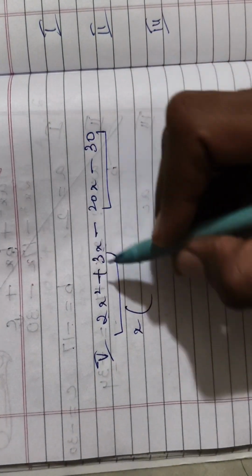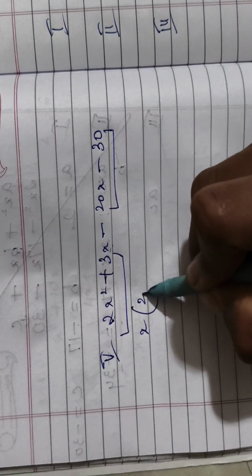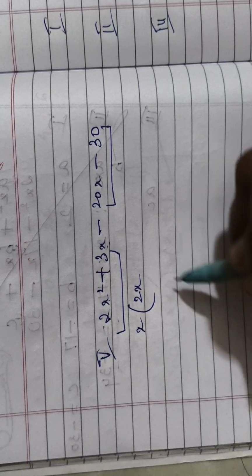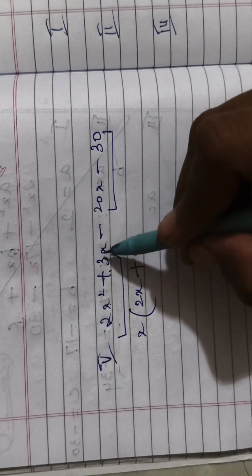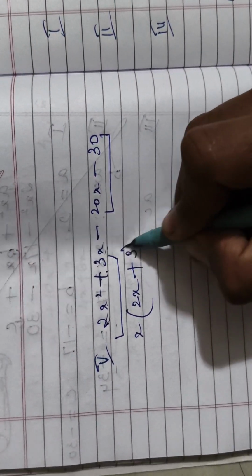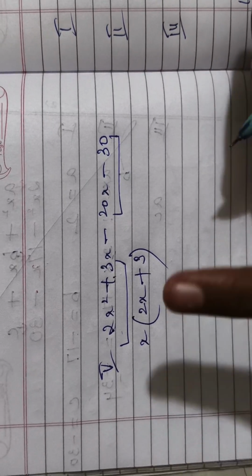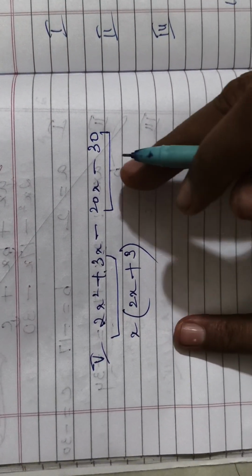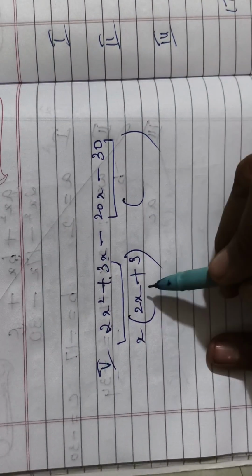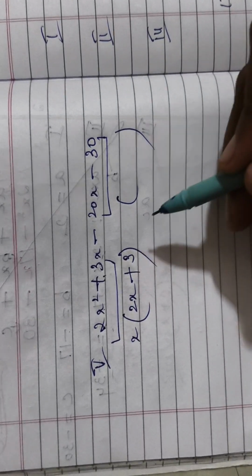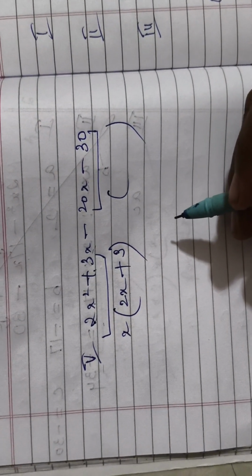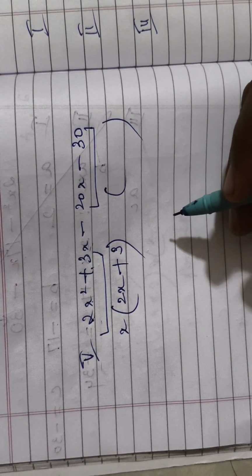If one x goes out, what is remaining here? 2, and from here one x. I'm putting the plus sign here. From here x went out, so there is 3 here. Got it? Now make sure that when I do factorization, the bracket here also must be 2x plus 3 only. Only then your answer is correct. Only then your factorization is correct.